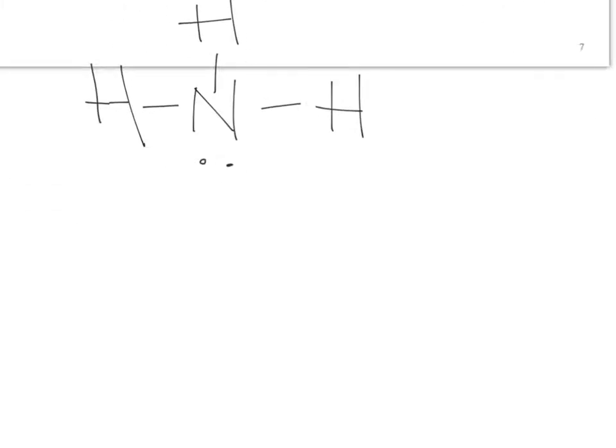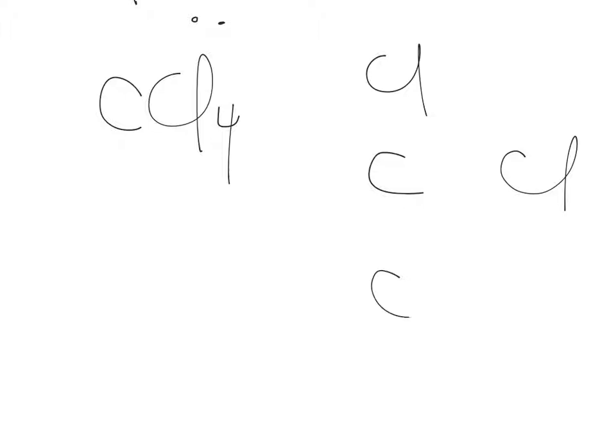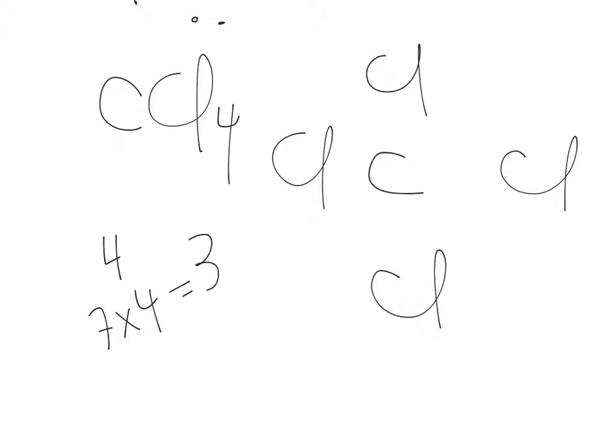We're going to do the same for CCl4. Carbon likes to make 4 bonds and chlorine likes to make 1. So carbon is the central atom. Each chlorine is going to be around because chlorine likes to make 1. Carbon comes with 4 electrons and chlorine comes with 7 times 4. So that is a total of 32 electrons that we have to play with.